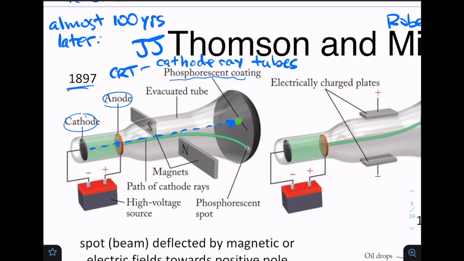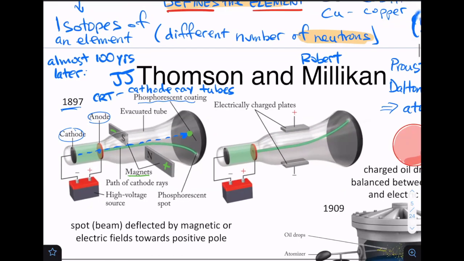Not only that, they can get that little phosphorescent spot to move, either using a magnetic field. So here we're using magnets. The North Pole is usually considered to be positive and the South Pole is normally considered to be negative. Or they found that if they just put in an electric field, they could also deflect the trajectory of these particles.